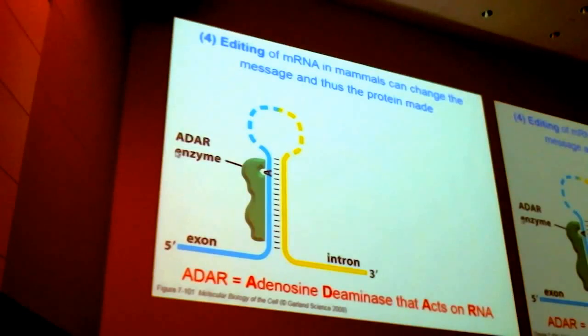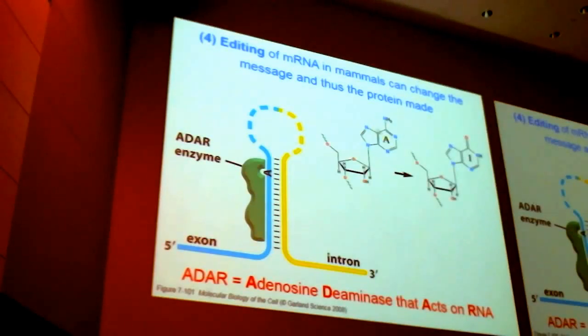What these do is they typically recognize some sort of stem loop structure in an mRNA and then convert adenosine to inosine, which is an A to I reaction, which is a deamination reaction. That's why it's a deaminase. And that's shown here. You have the amino group that's removed, and this is inosine.